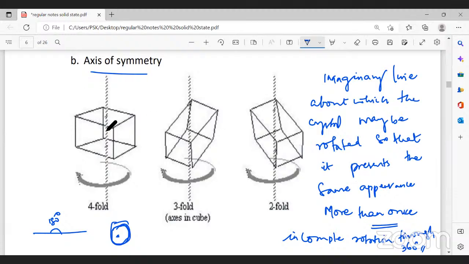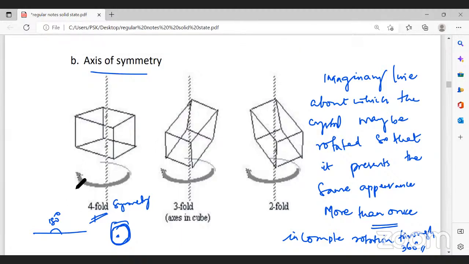Now, just observe this. All three are cubes. These representations are cubes. Now, if you rotate a cube from this position, it's fourfold symmetry. What do you mean by fourfold symmetry? For every 90 degrees, the cube will appear the same.